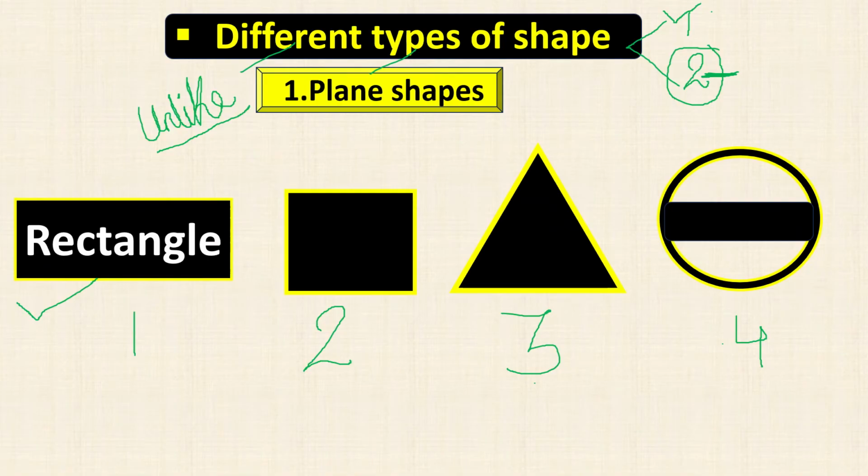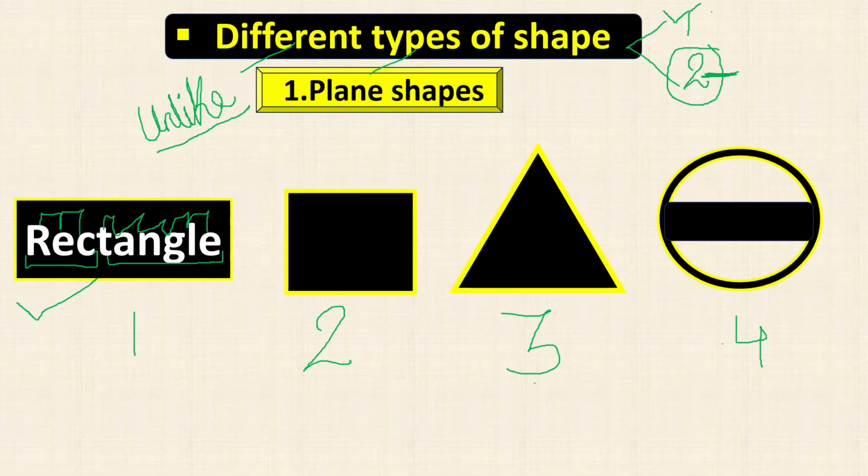Just look at here, it's REC, one part, and another part is TANGLE. We just break it into two parts. First one is REC, next one is TANGLE. So it's a rec and a tangle.